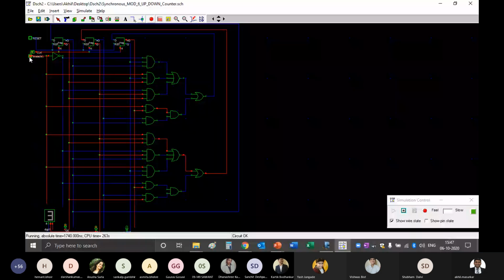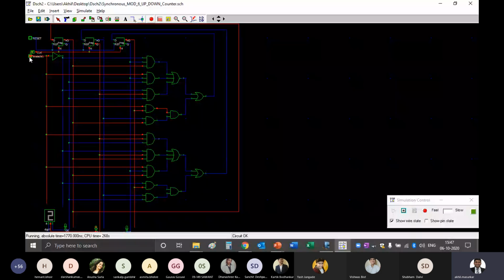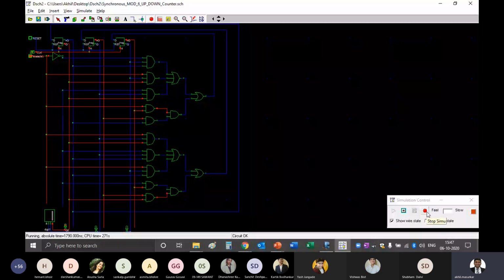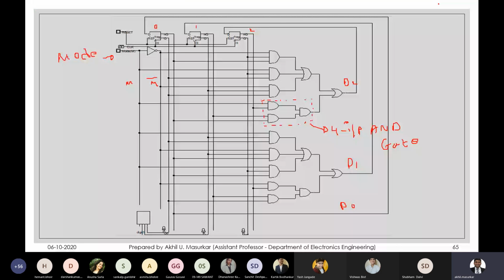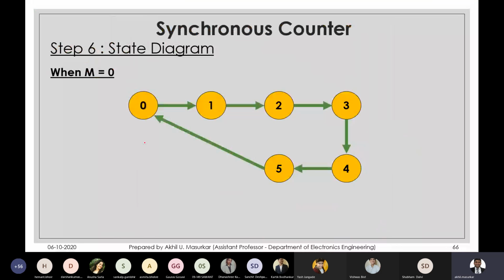Okay. I'm just stopping this simulation. And the state diagram would be like this. Now you can do one problem at your end: this same counter which we did just now, you have to make it lock free.